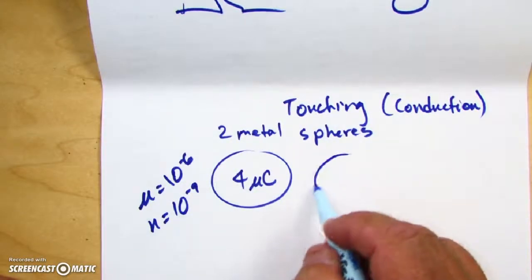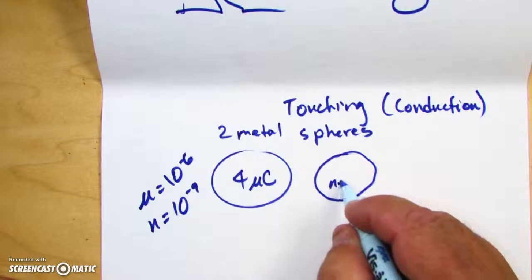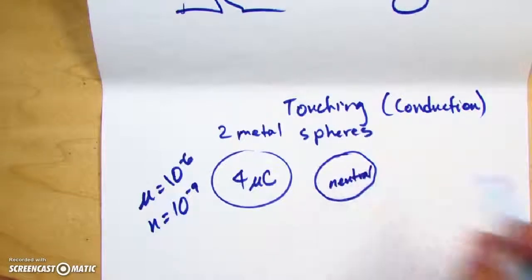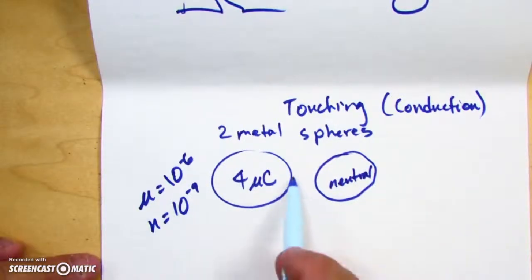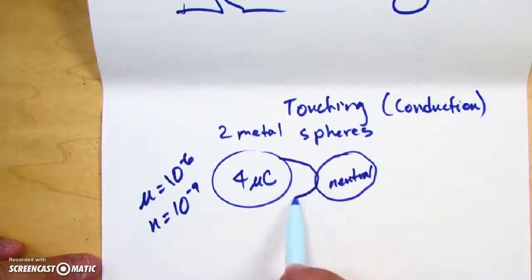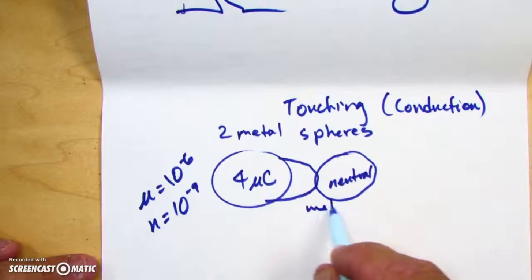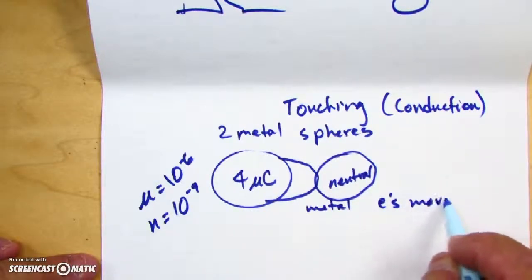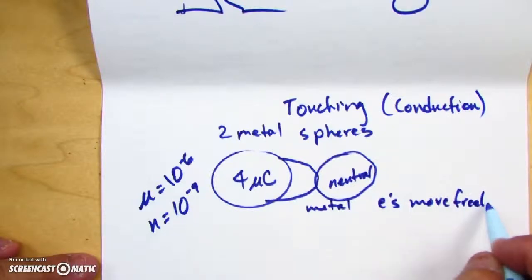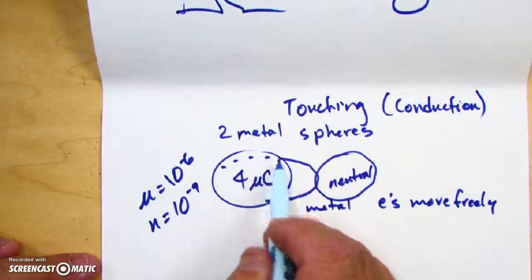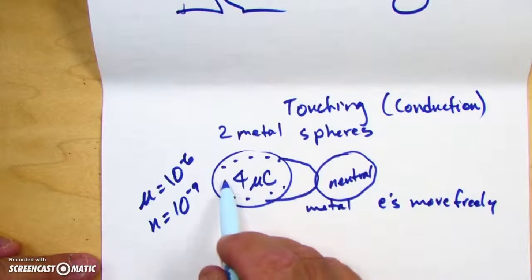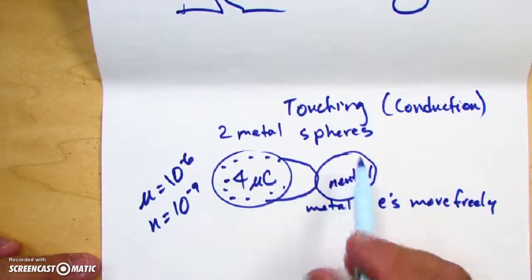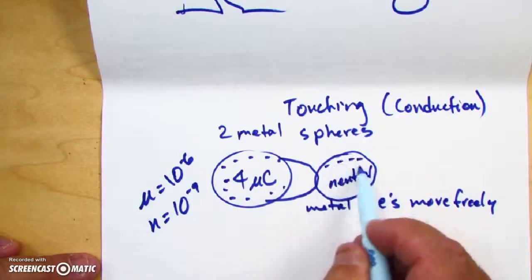What I'm going to do now is bring it near and touch a neutral one. So I'm going to bring this over and physically touch it. I'm going to slide it over here. Since they're metal, electrons move freely. So I've got a bunch of extra negatives on here. We'll make that a negative. Those are going to go over here.